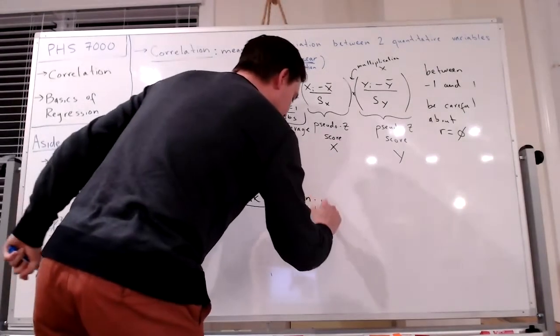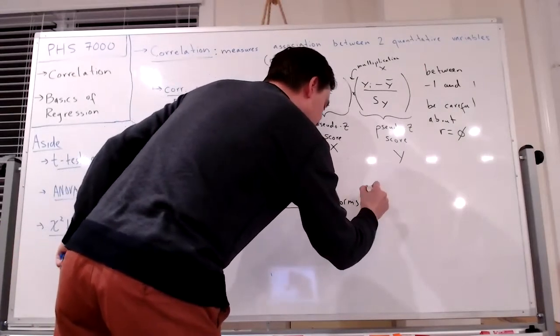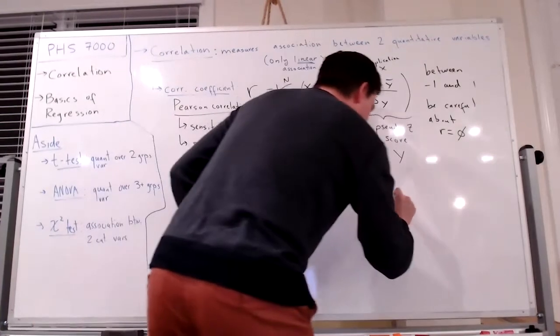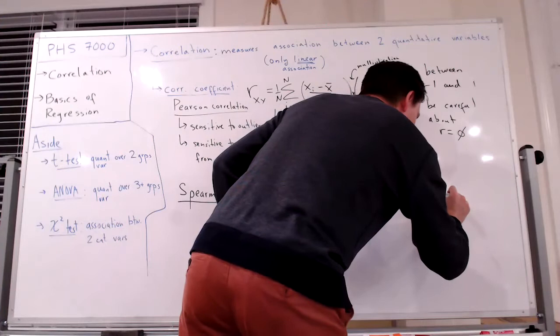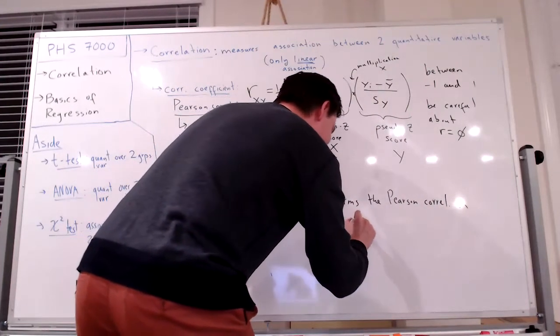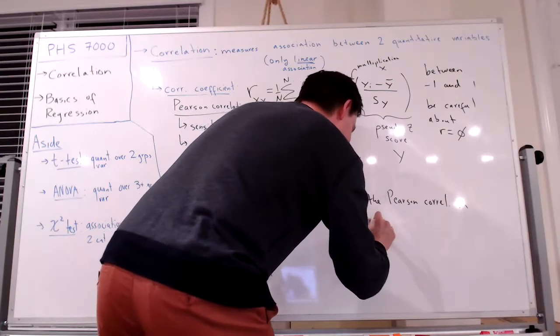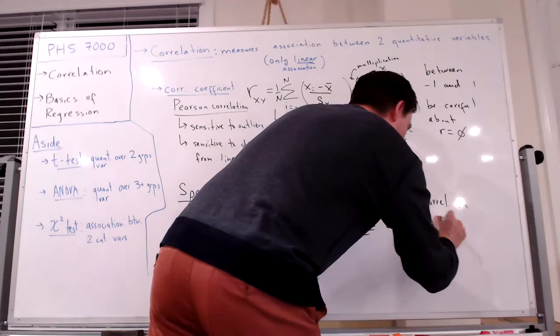It basically performs the Pearson correlation on the ranks of x and y.